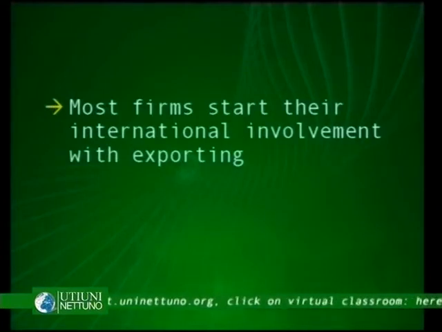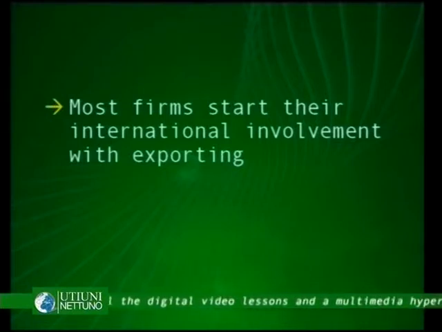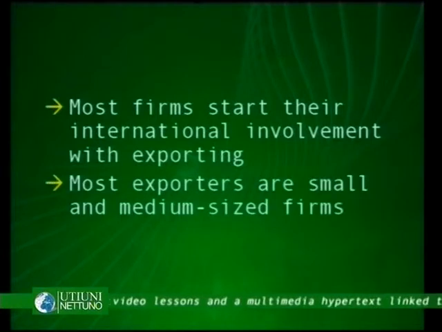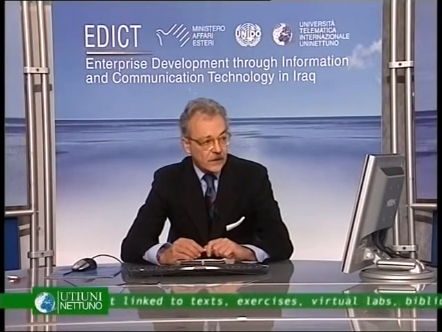Let's start with a few sentences with regard to those firms which are interested in exporting. Most firms start their international involvement with exporting. Most exporters are small and medium-sized firms. Why these two things?